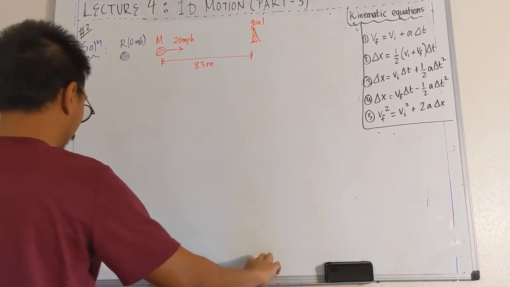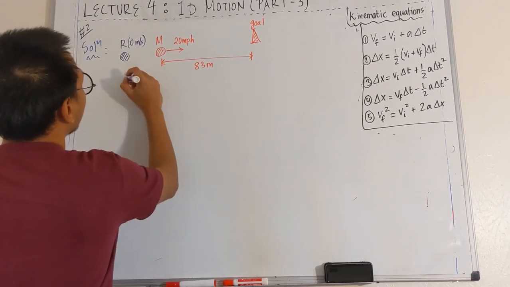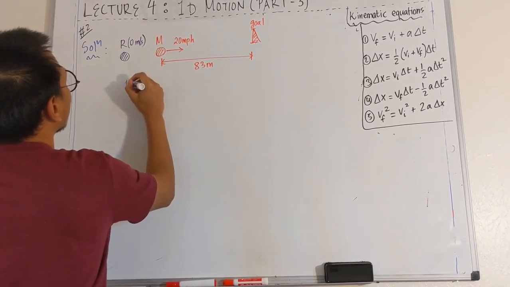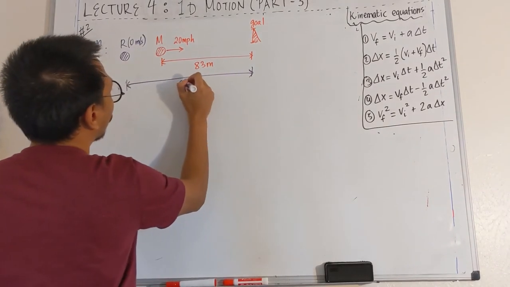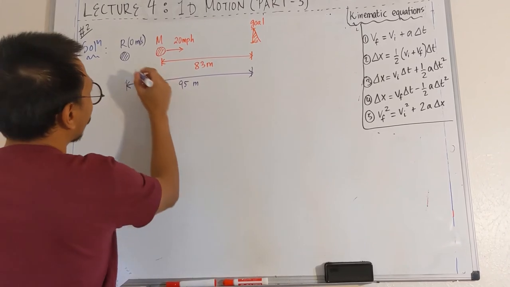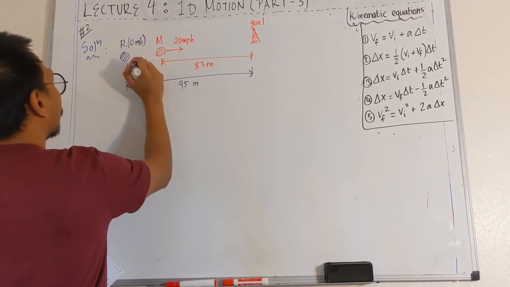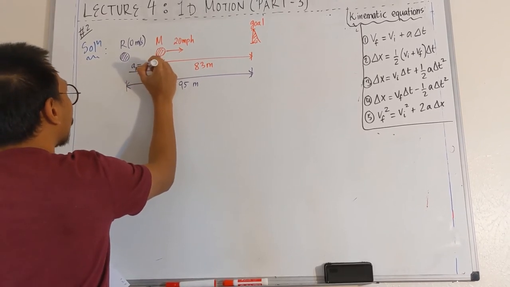And when Ronaldo started, he was 95 meters away from the same goal. All right. And Ronaldo, to catch up to Messi, accelerates at a constant rate. Let's call it A.